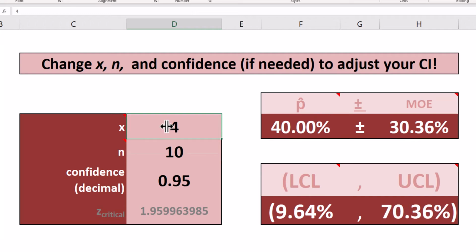That gave us a 40% heads rate in the sample, p hat, with a very wide margin of error of 30%, which means we can only say that we are confident that it's between 10% and 70%. So at this point, the coin was flipping close enough to 50-50 to make us think it's basically just 50-50. There's no reason to think it's not 50-50. It might not be 50-50, but this is not evidence against that.